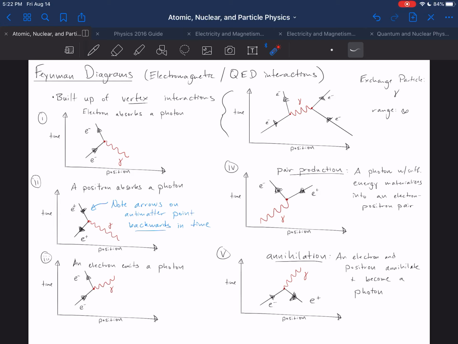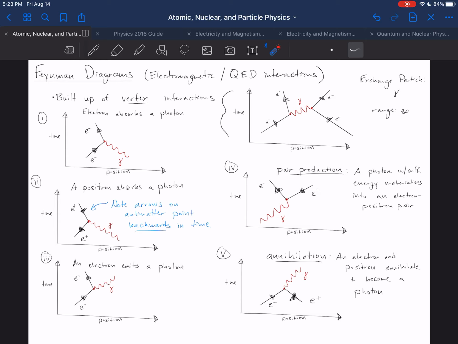Okay, one thing you will also discover as a consequence of this rule, and the reason we use it, is that if you take a look at a vertex, every vertex will always have one arrow going in and one arrow going out. So you'll see that if a positron is moving forward in time here, absorbs a photon, then the positron is going to leave. Notice that the same thing applies to the electrons right above it.